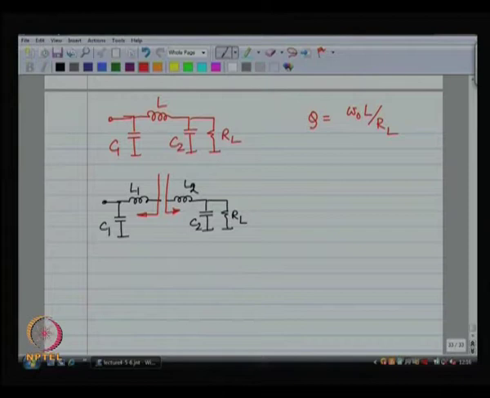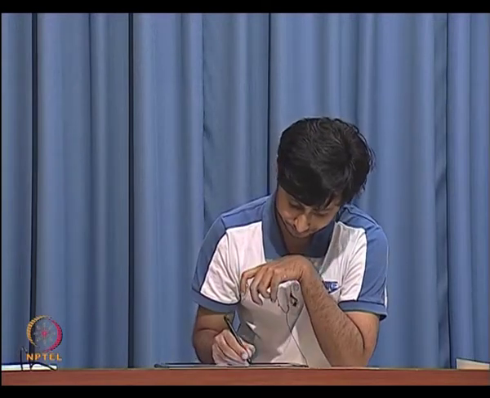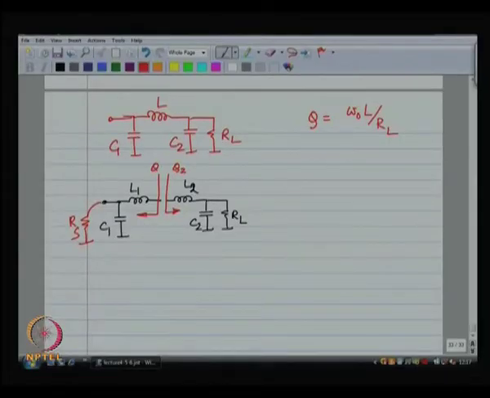What is the Q looking into the left side? Now, you know what it is. So, Q looking into the right is something, Q looking to the left is something, and the total Q is the sum of these two Qs. So, that also gives you the same result, that Q is going to be almost equal to omega naught L by R L.